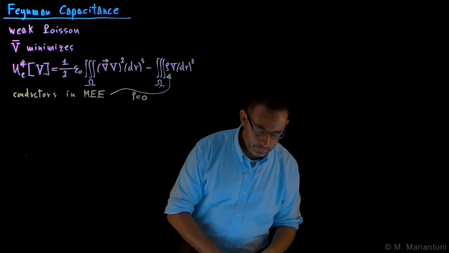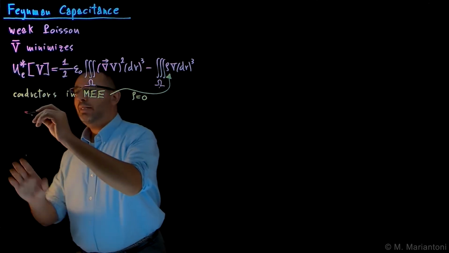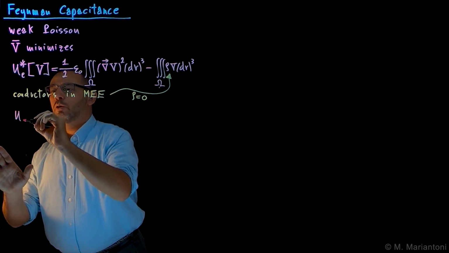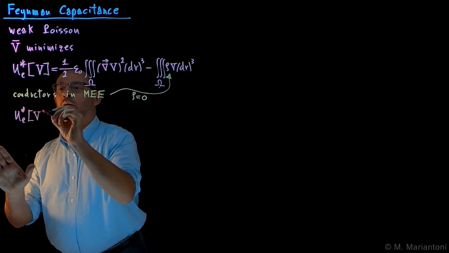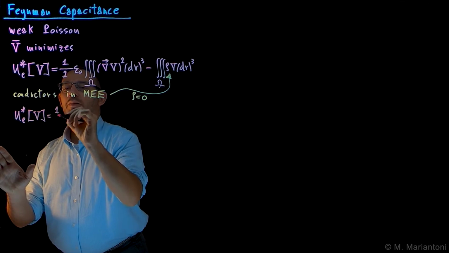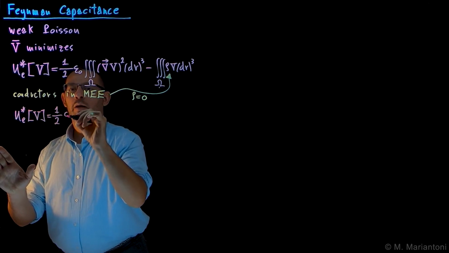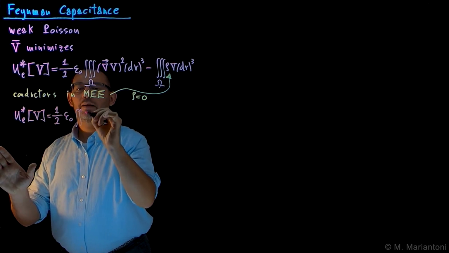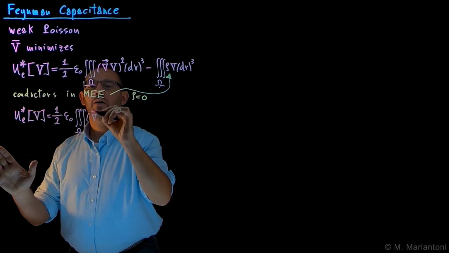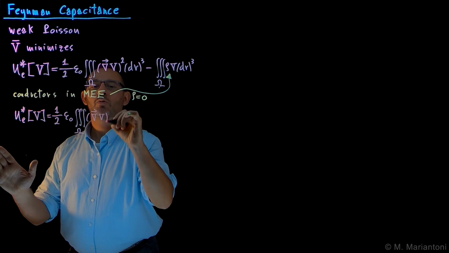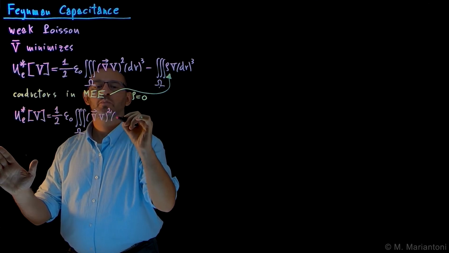Therefore, the functional becomes a simpler functional, U_E star of capital V, equal simply to the first term, which is 1/2 epsilon naught, volume integral on the region capital Omega of the gradient of V quantity squared, dr cubed.